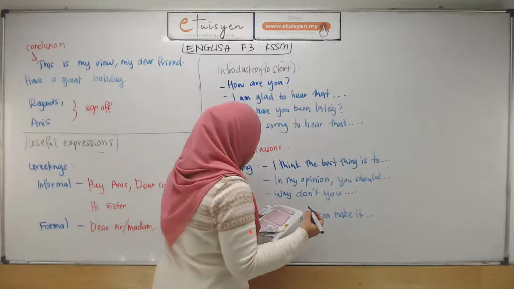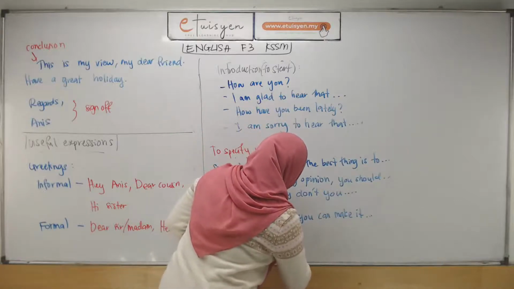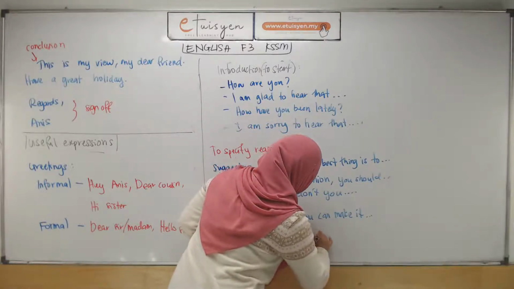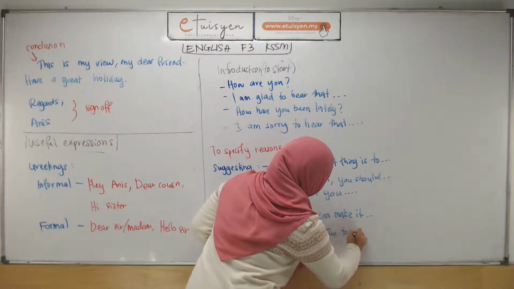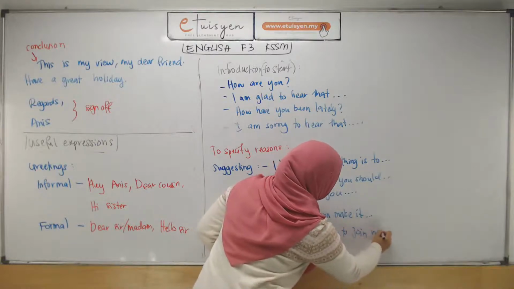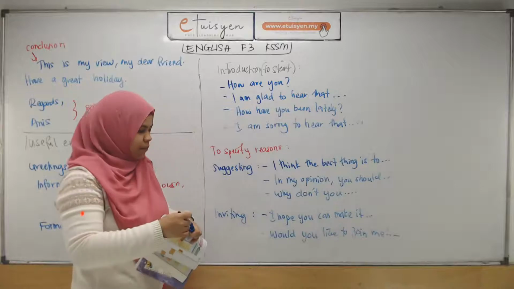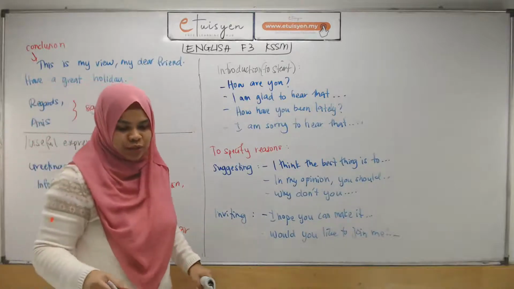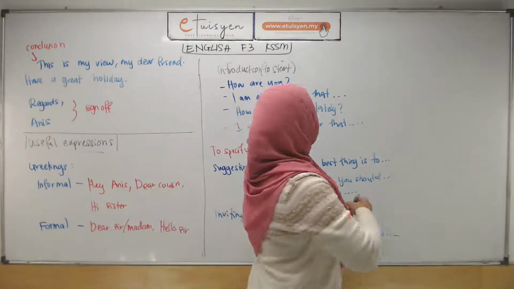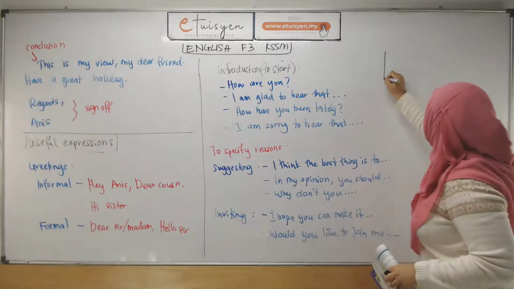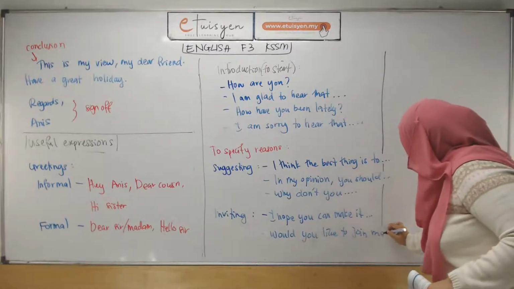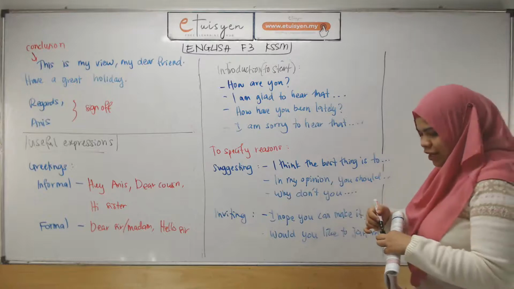Another one is "Would you like to join me?" This is another sentence you can use as well. Now, let me give you another one. Sorry, there isn't enough space to write.